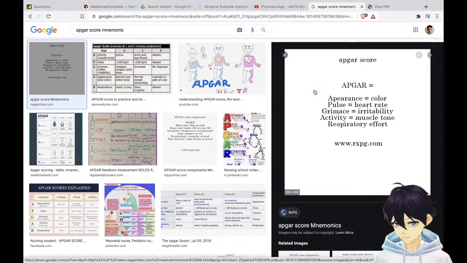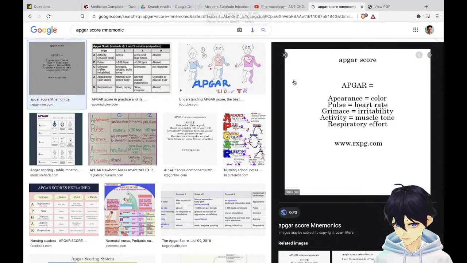A for appearance. So appearance is the color. P for pulse. Pulse is heart rate. G for grimace is irritability. A for activity, which is the muscle tone, and R for respiratory effort.